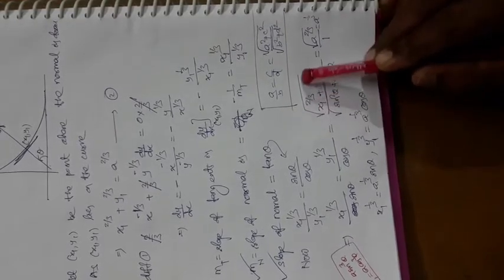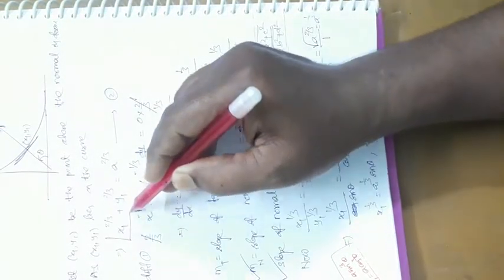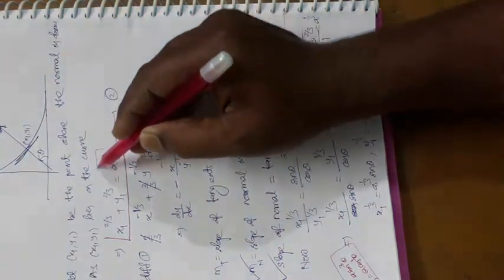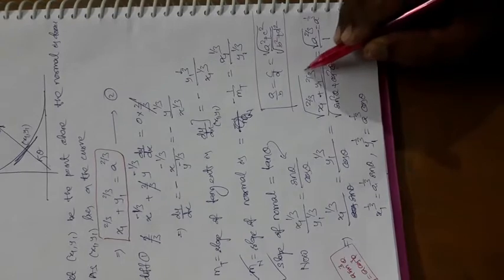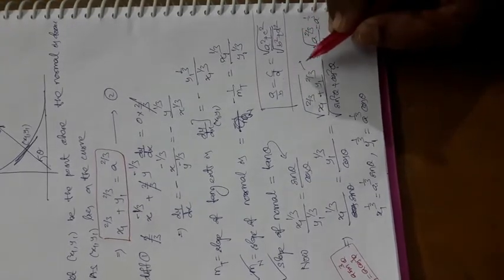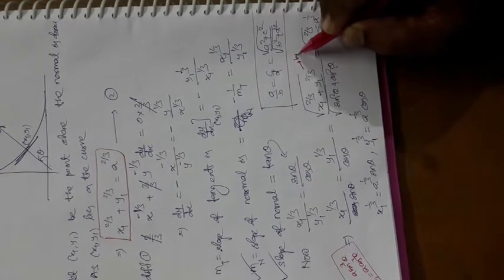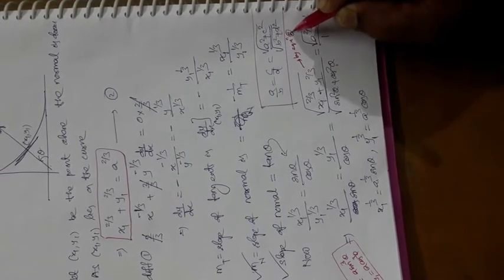And we know x1 to the power 2/3 plus y1 to the power 2/3 is already in equation 2, that is a to the power 2/3, by equation 2. So what will happen?